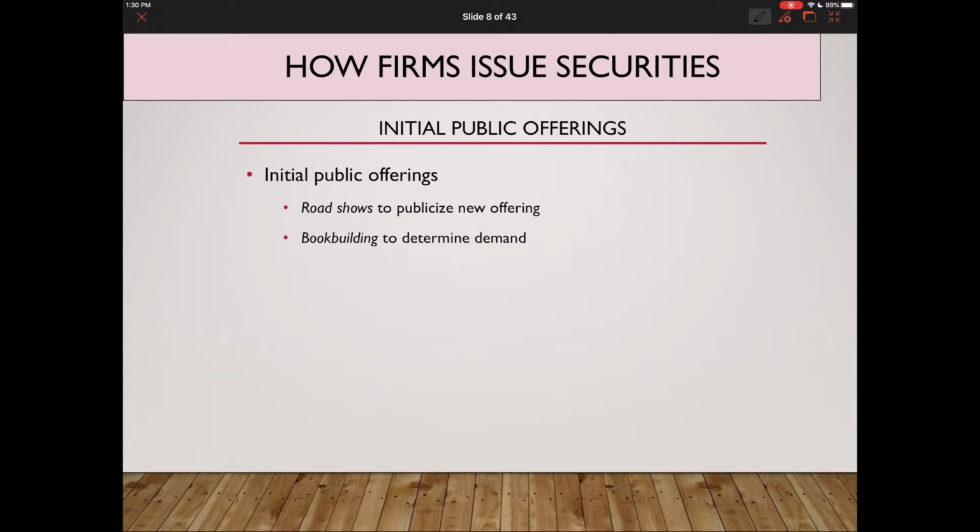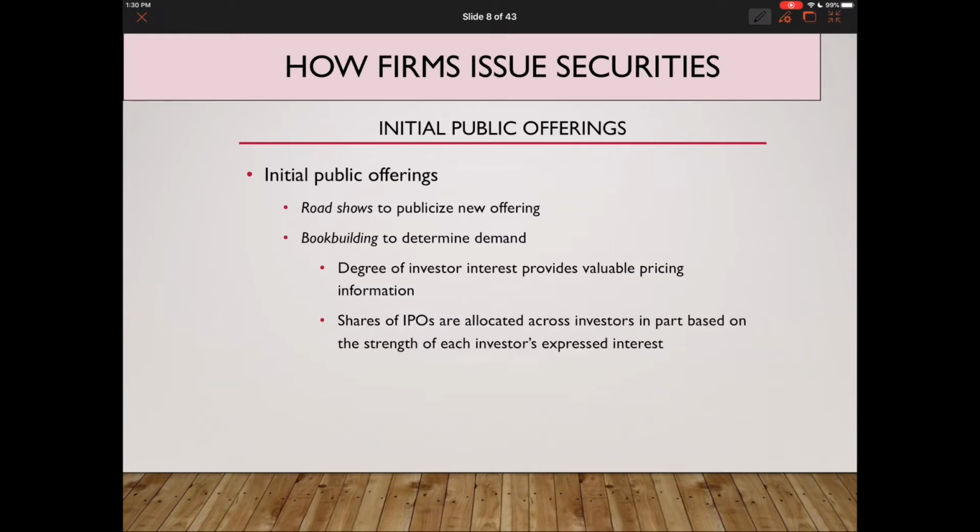Book building is what determines the demand, and it looks at the degree of investor interest, providing valuable pricing information. So the price that they should issue this new offering at, and where it should be allocated. I was more so focusing on the size, the actual amount of shares that they should issue.